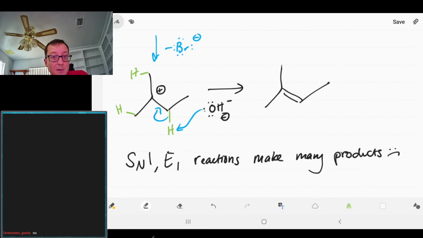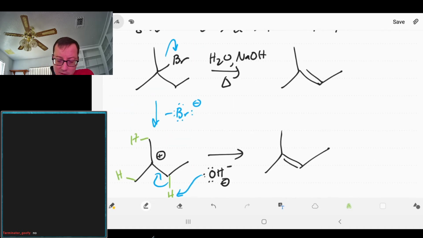It's too sterically hindered for our nucleophile to attack. But with an SN1 reaction, the leaving group leaves, and we now have an sp2 hybridized carbon, which is planar, which therefore allows us to attack from either side.